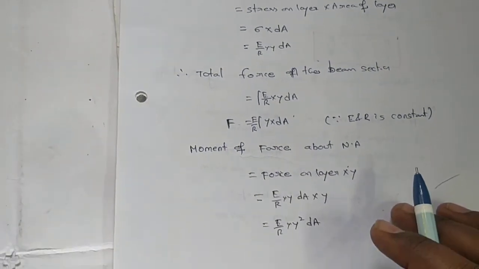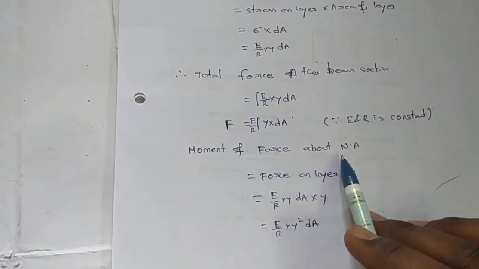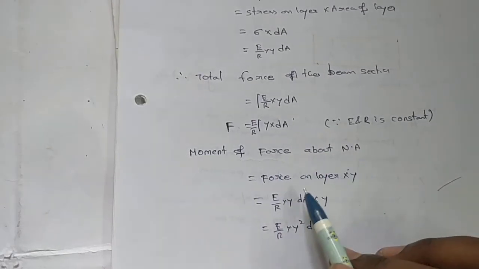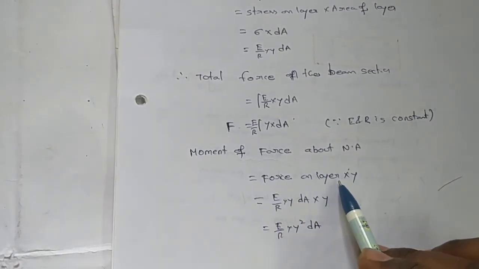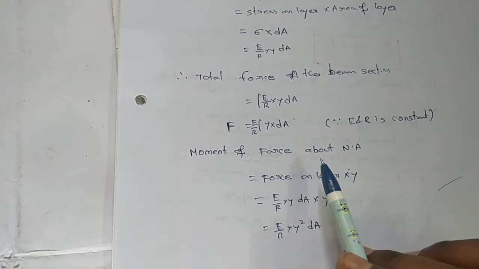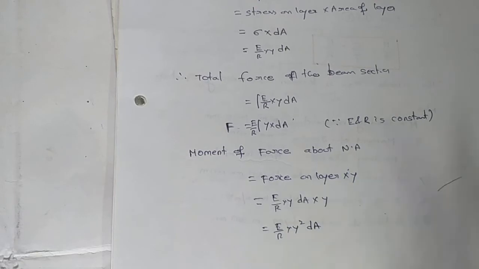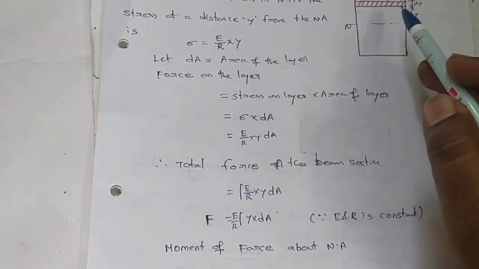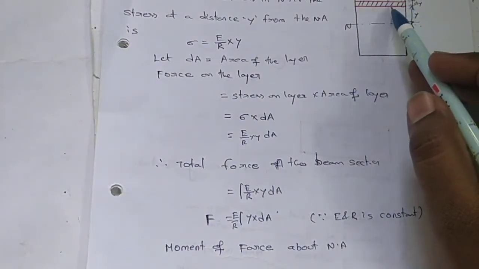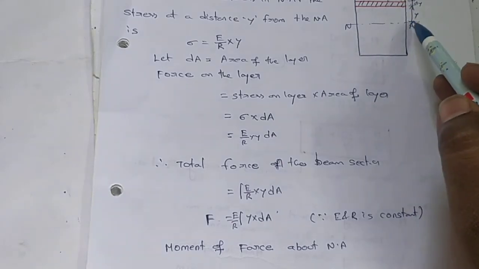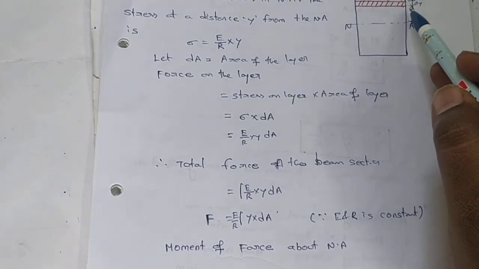Here, the moment of force about the neutral axis equals the force on the layer into Y. We know that moment equals force into distance. Now we calculate the force on this element, multiplied by the distance from the neutral axis to this element.